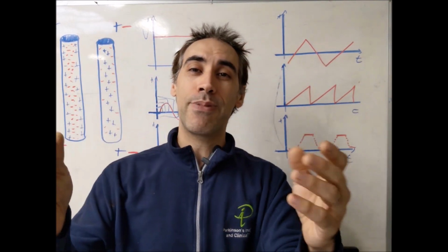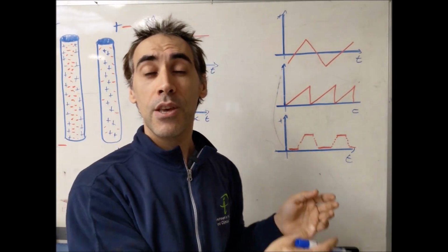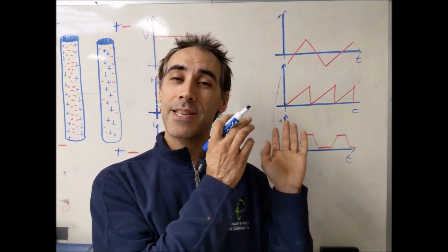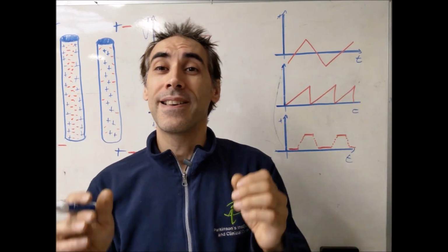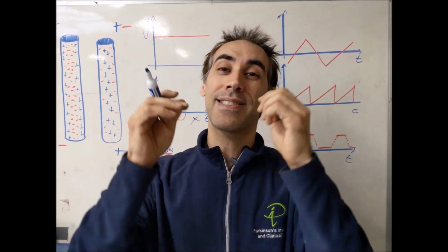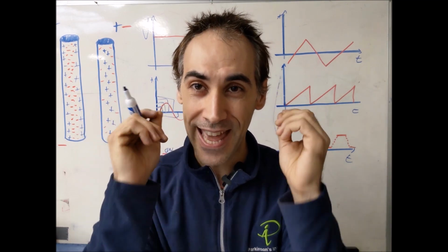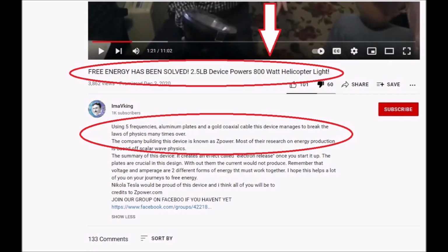Whenever you try to build an amplifier or a filter, high pass, low pass, band pass, you realize that on both plots this waveform has its own characteristics. Same for the sawtooth and so on. So yes, there is always energy loss, and this is an introduction to our next free energy video. Let's go take a look.